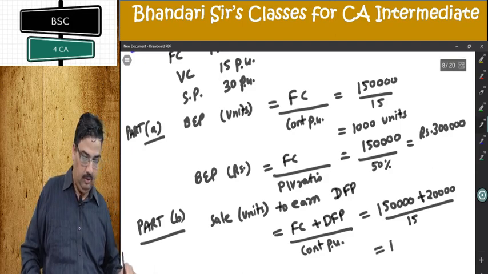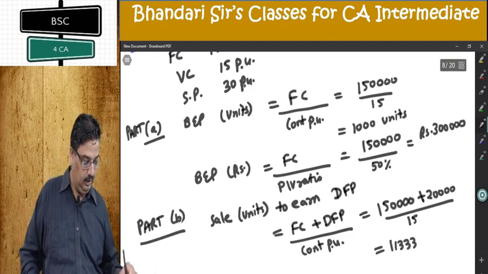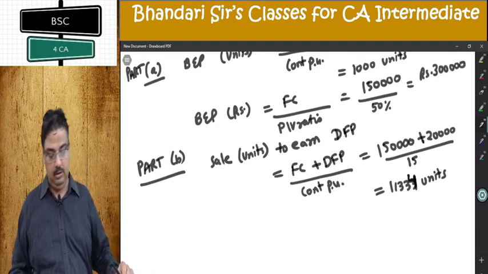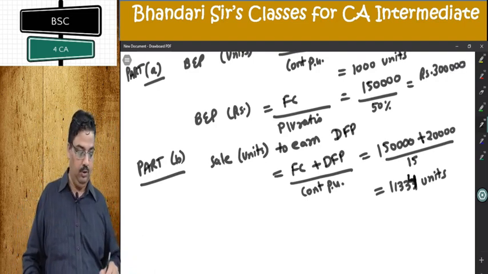This is 11,333 units approximately. 334 also you can do. 334 is better. Desired fixed profit of 20,000 at 334. 11,334 units.